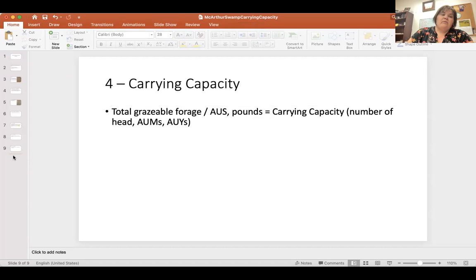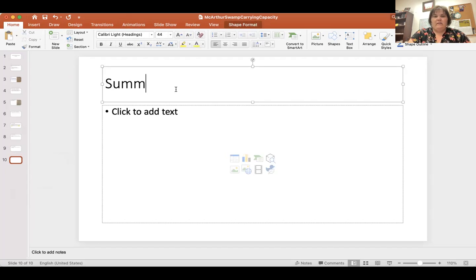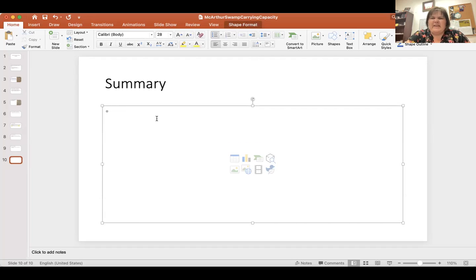So what you may want to do is put in here like a summary slide or a summary section, table, whatever. So S1 pasture will support blank AUMs, and then not S1, S2, sorry.